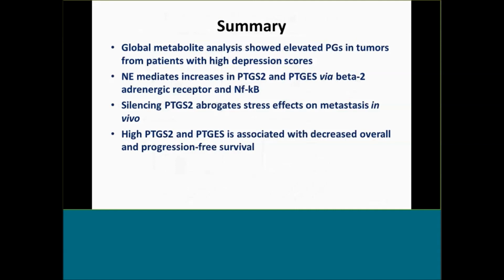Mechanistically, some of the stress pathways indeed result in elevations of these pro-inflammatory metabolites, and shutting down these pathways reduces metastases in vivo. And I didn't show you the data related to patient outcomes and so on that we also reported in that paper.